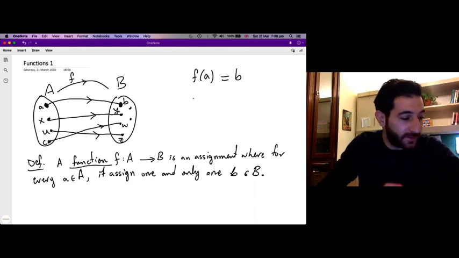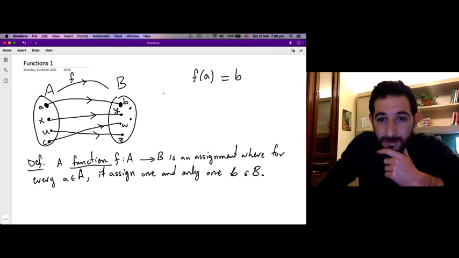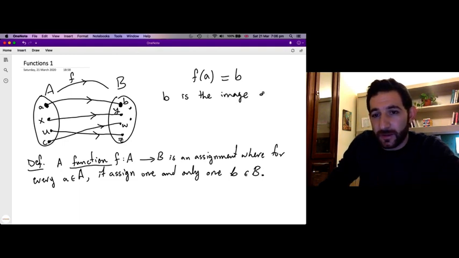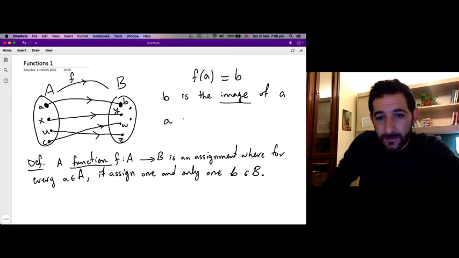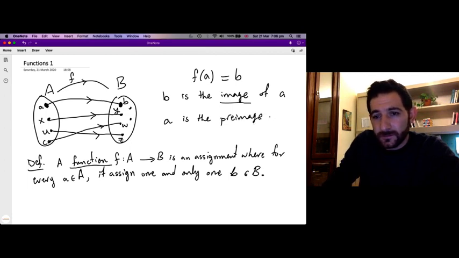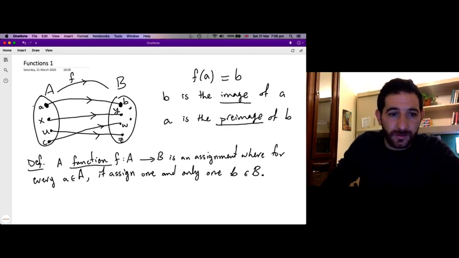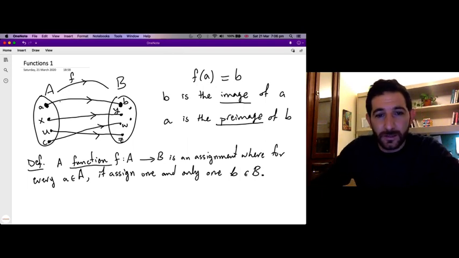And when this happens, we say that b is the image of a. We also say that a is the pre-image of b. So look here at this diagram. a is the pre-image of b, and b is the image of a under the function f.